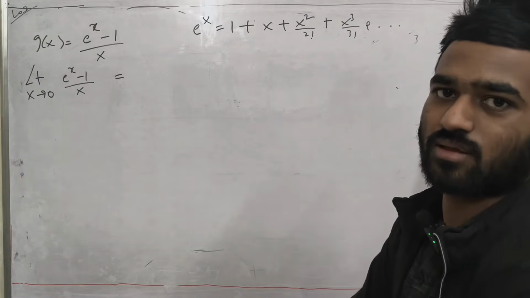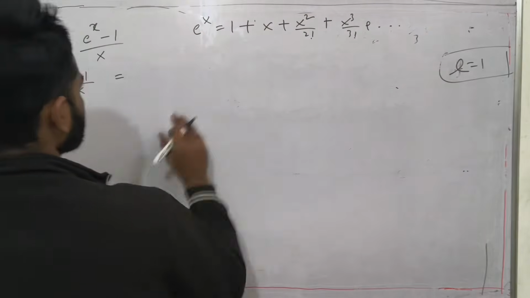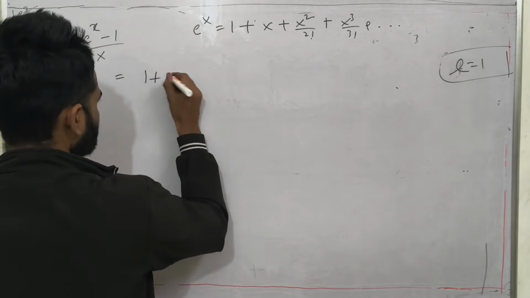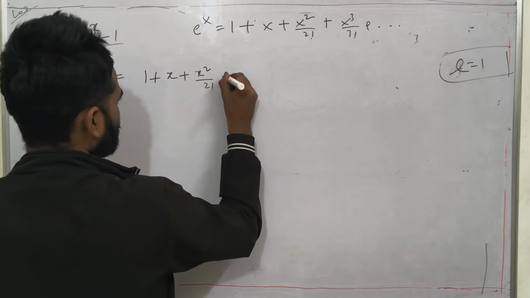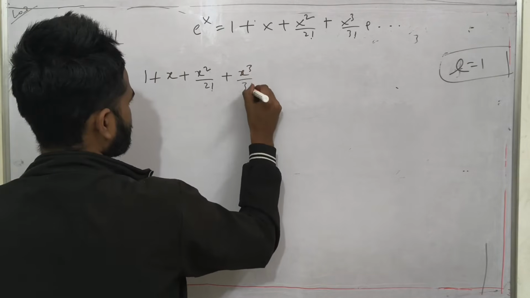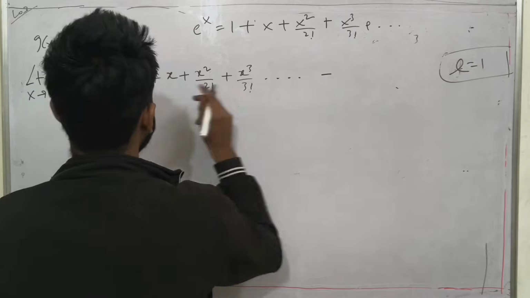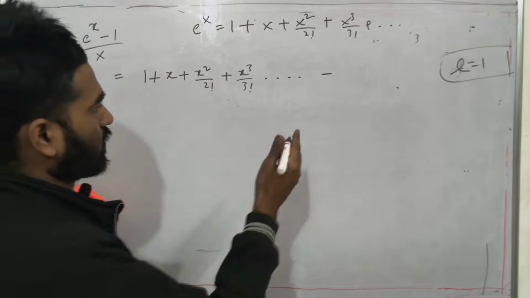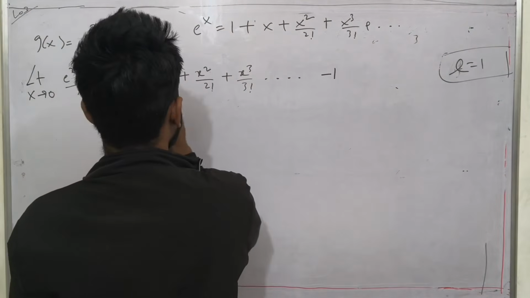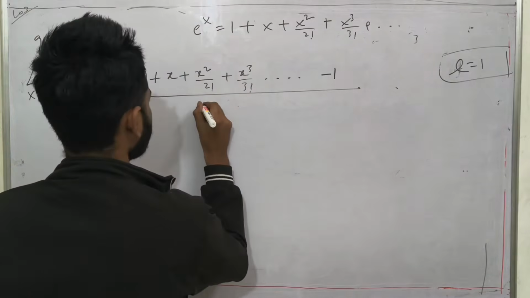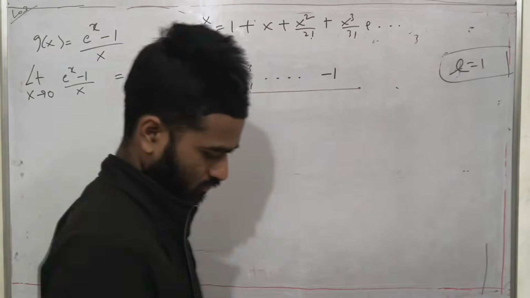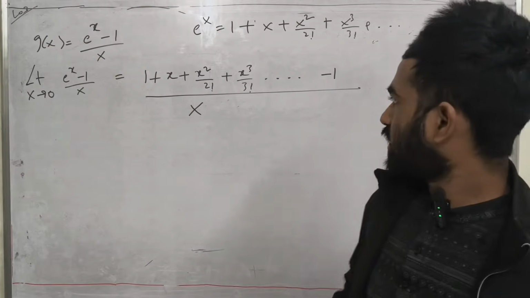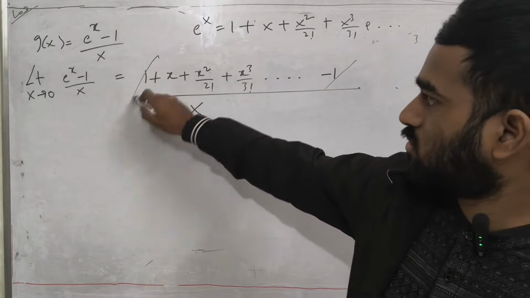You know the expansion, so we can write it as 1 plus x plus x square by 2 factorial plus x cube by 3 factorial plus so on, minus 1, by x. So you can cancel out 1 and 1.